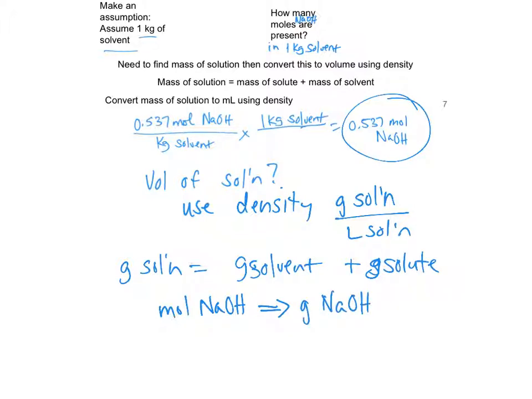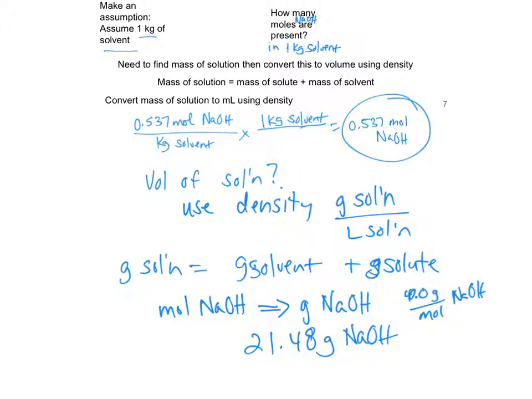Instead of working that all out, I'm going to tell you that, using 40.0 grams per mole for sodium hydroxide, we have 21.48 grams of sodium hydroxide when we have 1 kilogram of solvent.